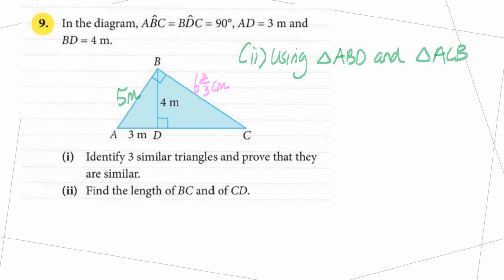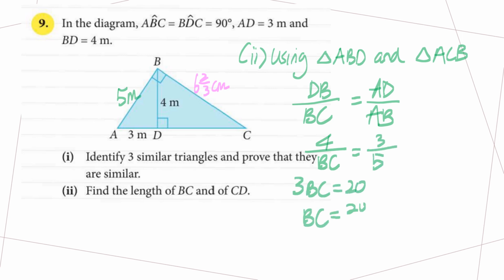BC is in triangle ACB, which we have proved is similar to ABD, so we just use the ratio. We compare DB with BC equals AD with AB, then fit in the data given, do a cross multiply, and you'll get BC to be 6 and 2/3 centimeter.